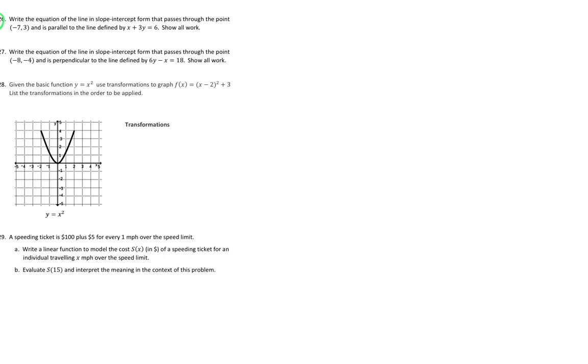Okay, question 26. Write the equation of the line in slope-intercept form that passes through the point -7, 3 and is parallel to the line defined by x plus 3y equals 6. So we want something in y equals mx plus b form. First thing we should go for is m, and all we know is that it's parallel to this line, but we don't know the slope of that line quite yet.